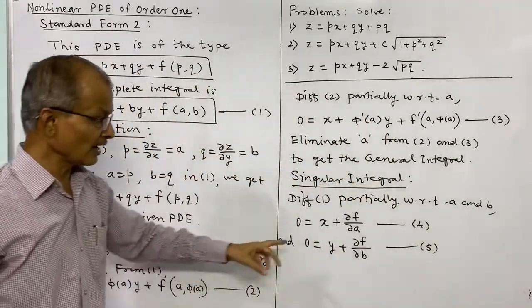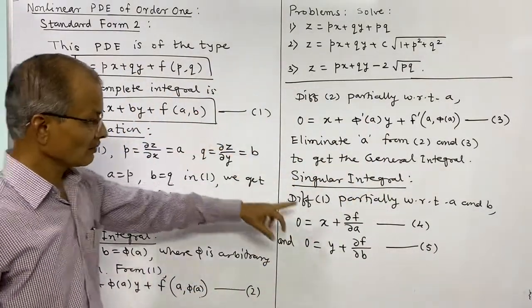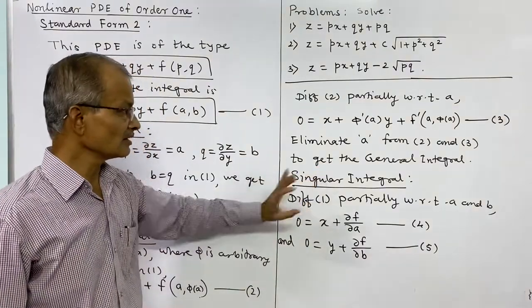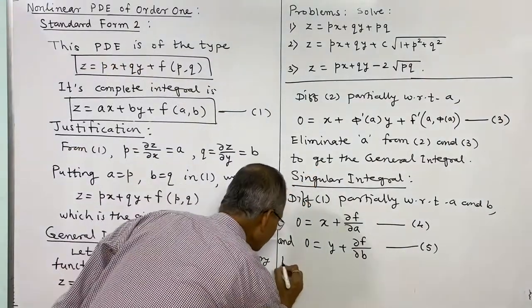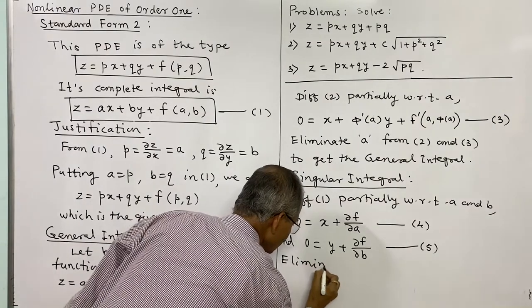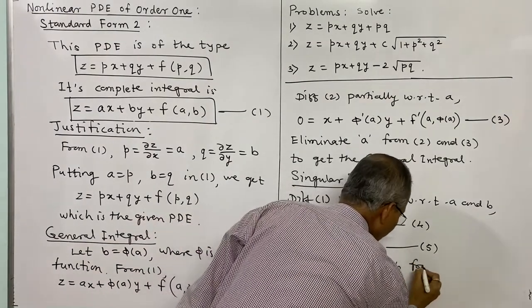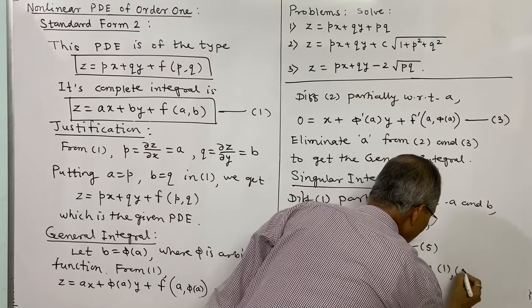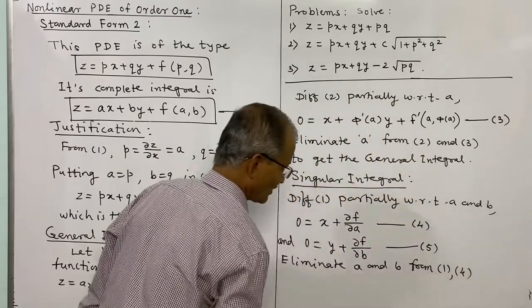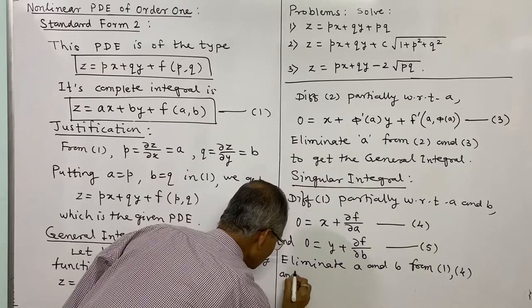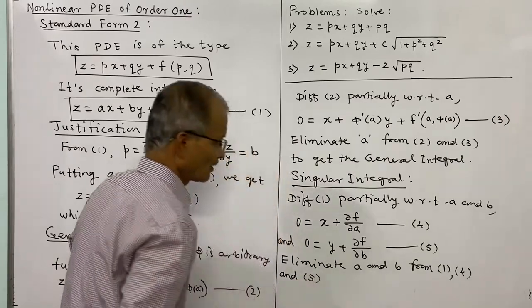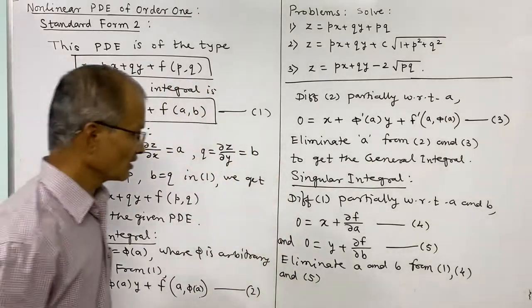Now we eliminate a and b between 1, 4 and 5 to get the singular integral.